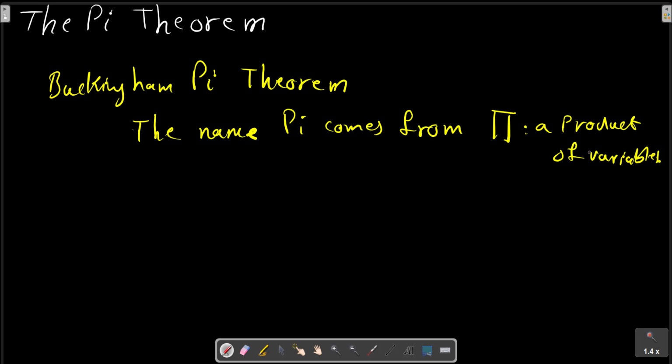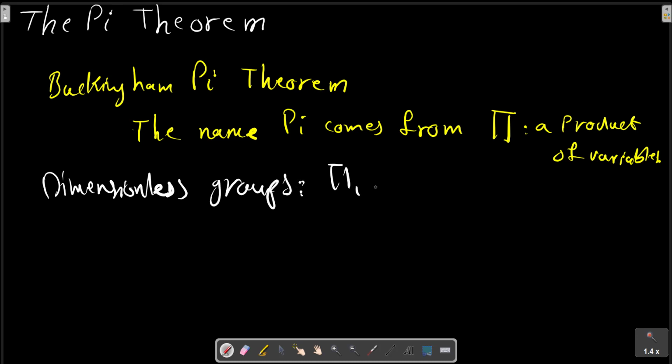The dimensionless groups found from the theorem are power products denoted by pi 1, pi 2, pi 3, and the method allows the pi groups to be found in sequential order without resorting to free exponents.